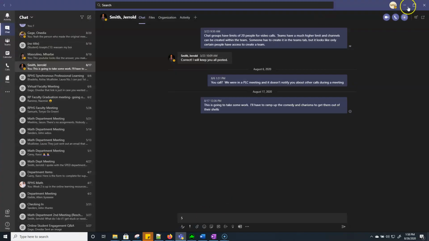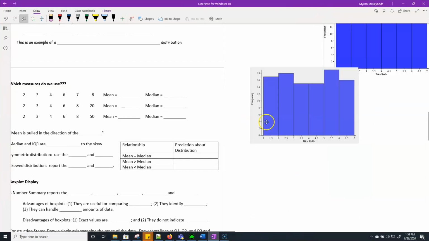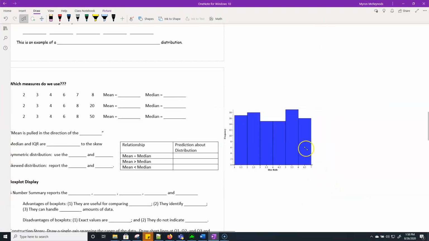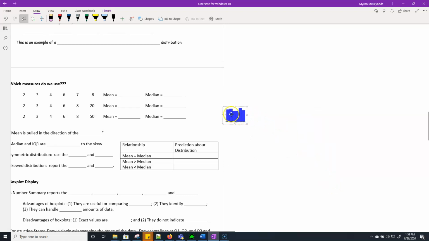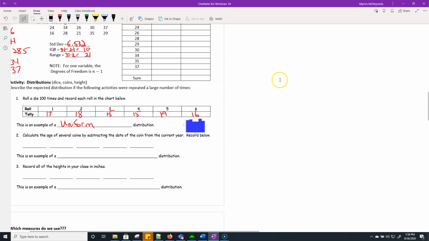Let me maximize this one. And so you can get just a little bitty picture like that. Let's go back up and kind of put it on the side there. And see, that is a uniform distribution.